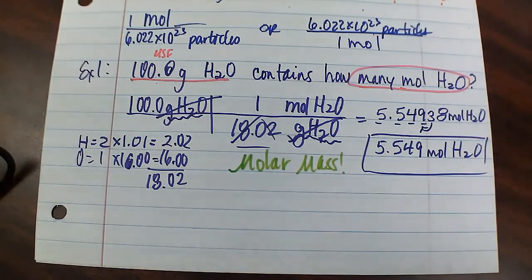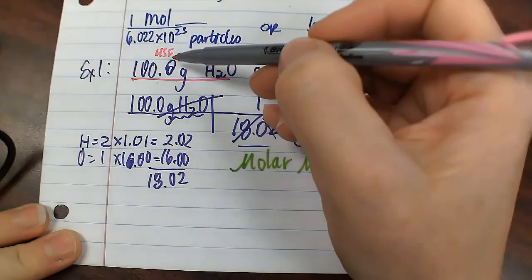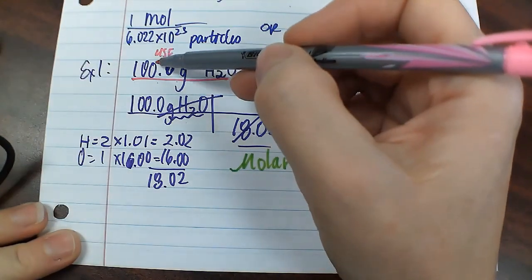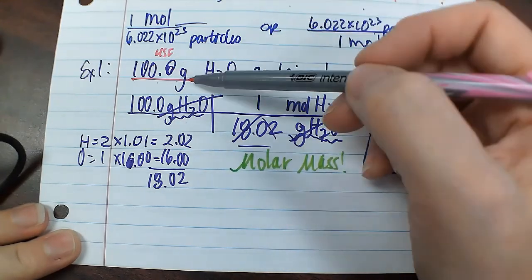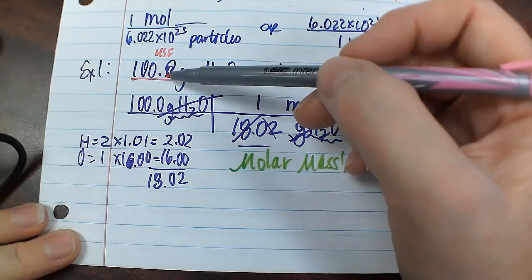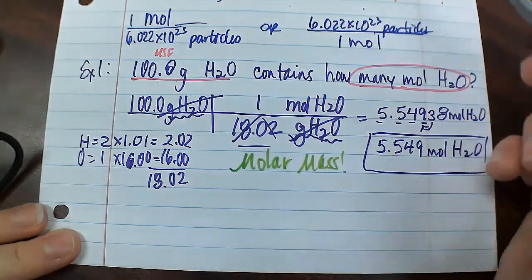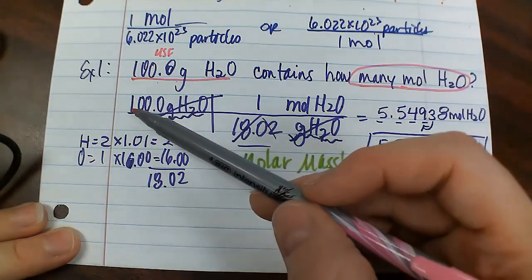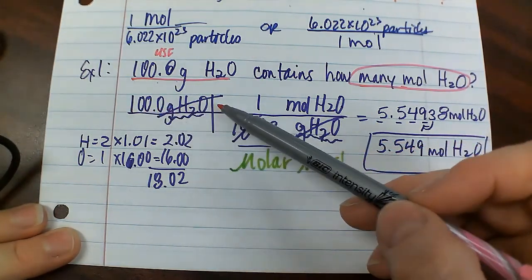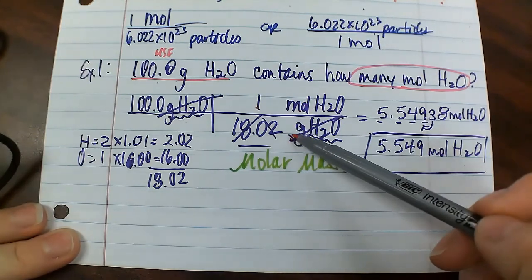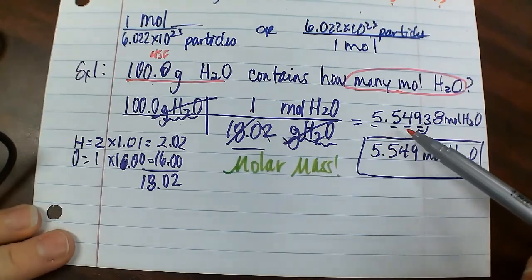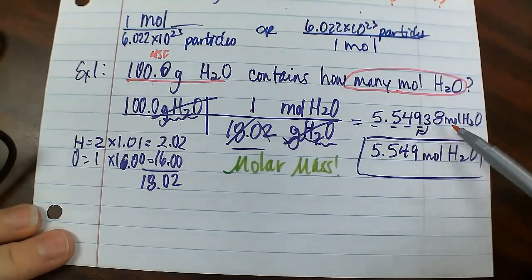Very good question. I went back to my original problem and I have 4 sig figs here, 100.0, because my trailing zeros with a decimal are significant. So when I took 100 times 1, which you don't have to do, divided by 18.02, I got 5.54938, blah, blah, blah.